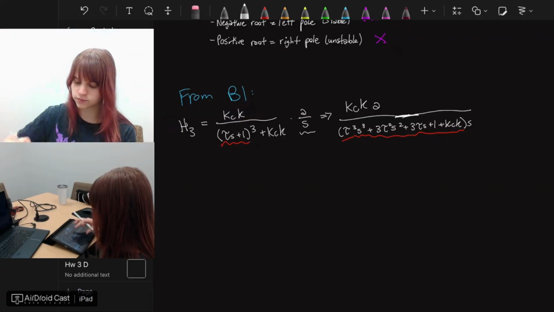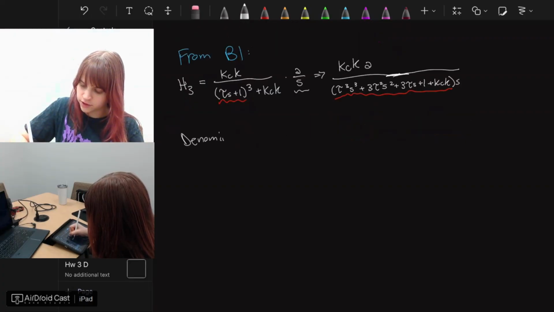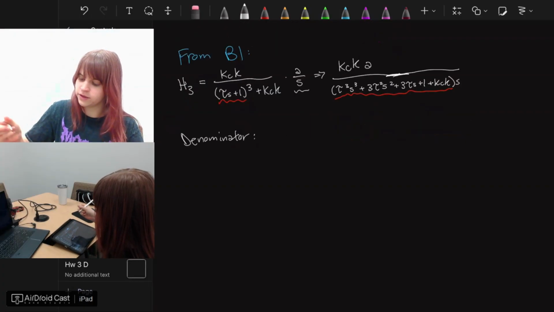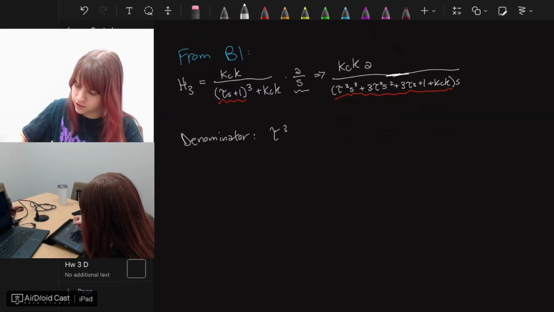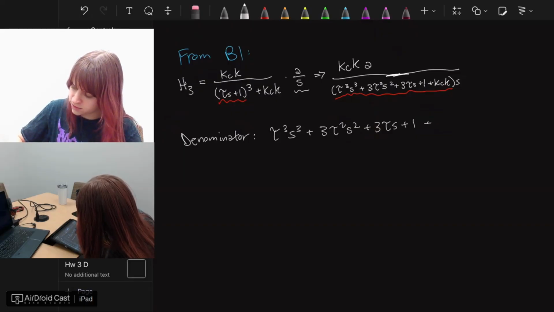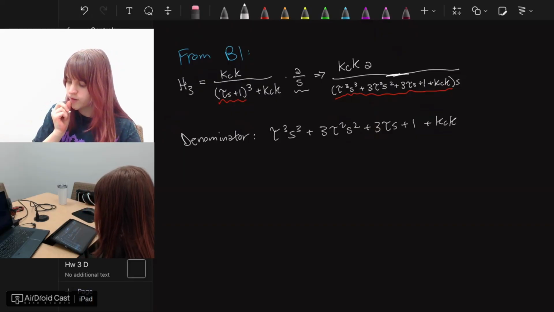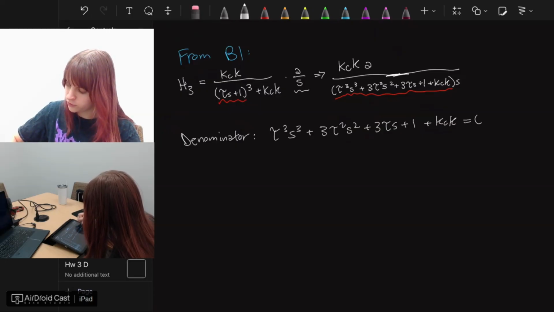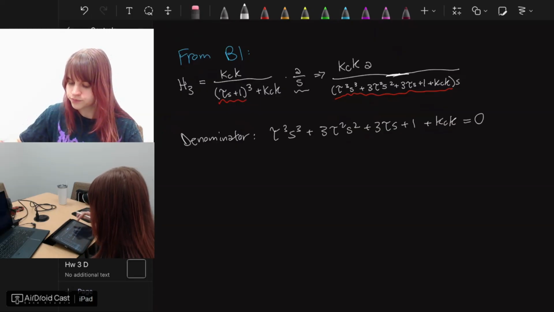The denominator, which will determine the stability, is tau cubed times s cubed plus 3 tau squared times s squared plus 3 tau s plus 1 plus KcK. To find the roots, we set that equal to 0.